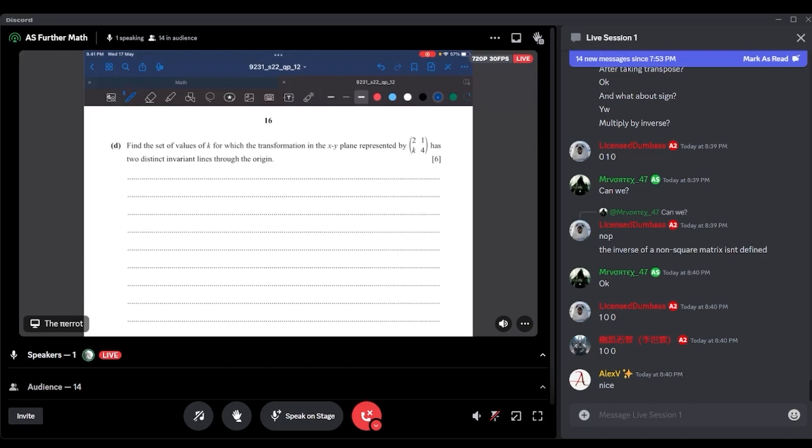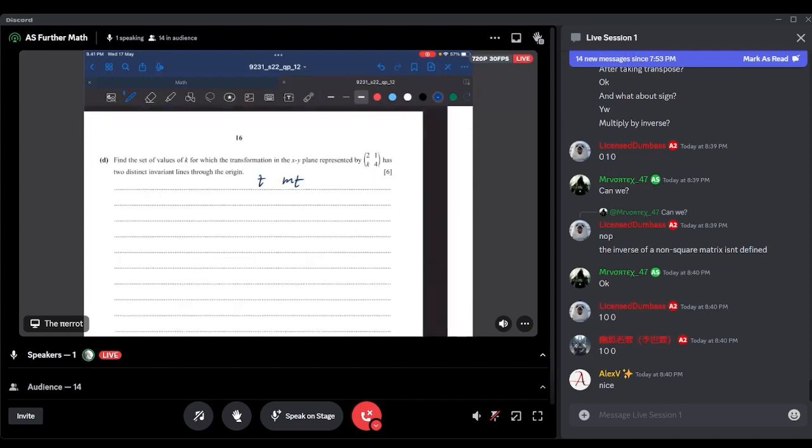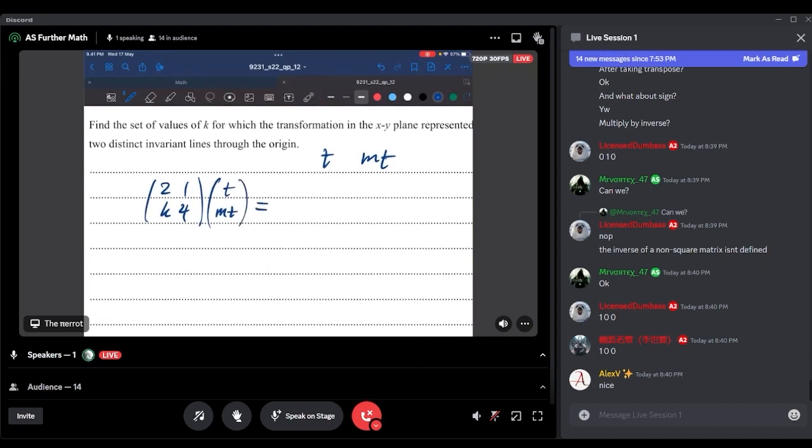When I do invariant lines questions, I always try to remember T and MT, because that's what you have to multiply with later. So we have 2, 1, K, 4 multiplied by T times MT, and that is equal to another set of capital T times M big T. That's how I've always done it.